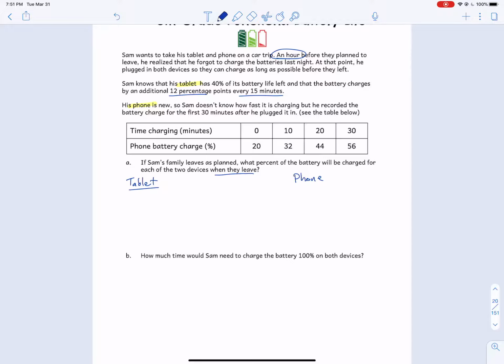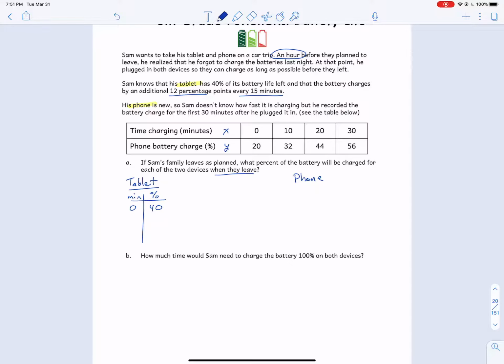So let's just make a table. Let's do X because we have time, and time is always X, and then percent will be Y. So we have the minutes and we have percent. So at 0 minutes, it starts off at 40%.